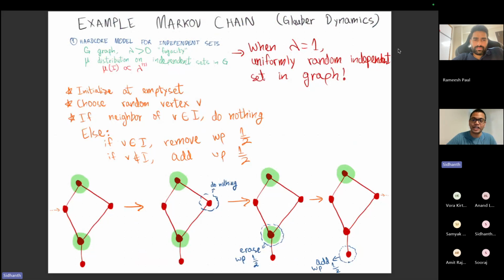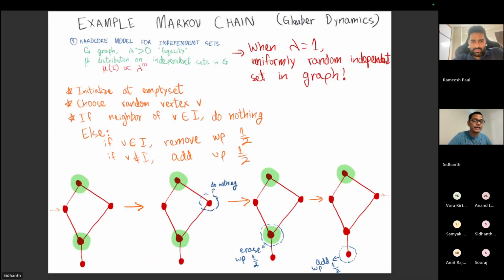Okay, fix the value of lambda as 1. So then the target distribution that you want to sample from is a uniformly random independent set in the graph. And here's a simple Markov chain whose stationary distribution is a distribution of independent sets. So start with the empty set. Well, the empty set has no vertices in it and is vacuously an independent set.